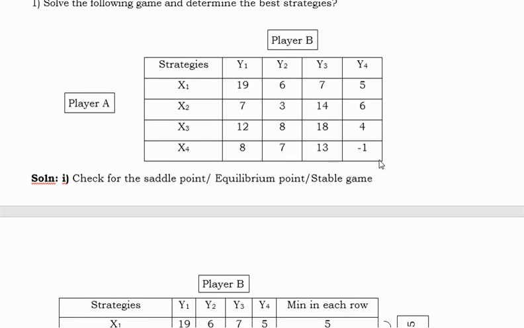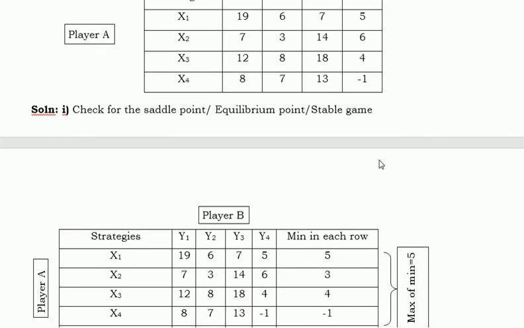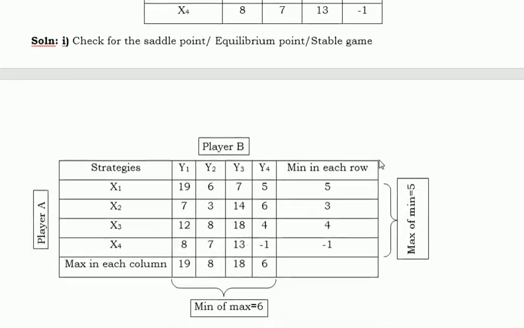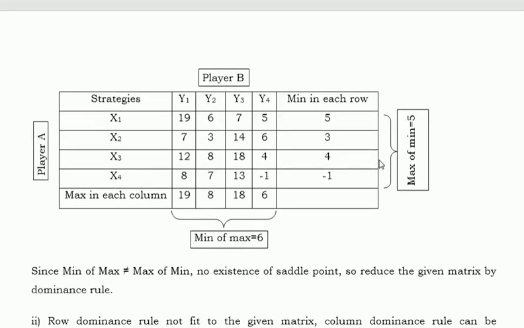Whenever you are solving any payoff matrix, first you have to check for the existence of a saddle point. For that you have to determine the minimum in each row. First row minimum value is 5, second row minimum is 3, third row minimum is 4, fourth row minimum is -1. Among these minimum values, the maximum is 5.